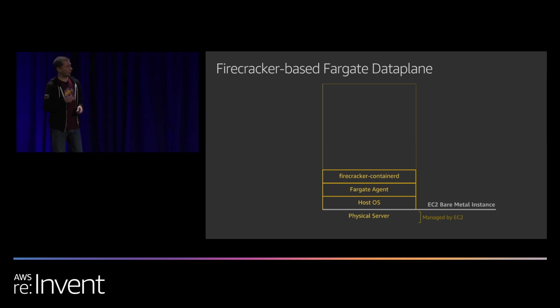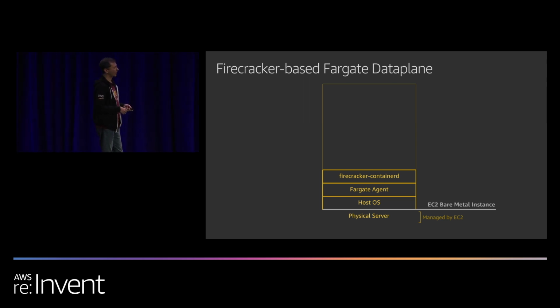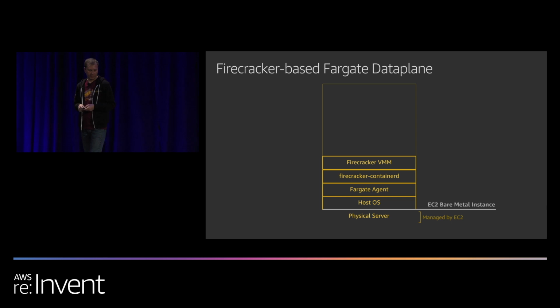We also run our container runtime, containerd, and our plugin to it, Firecracker containerd. The Firecracker containerd plugin allows us to run containers as micro VMs. We install the Firecracker VMM, which spins up Firecracker micro VMs.